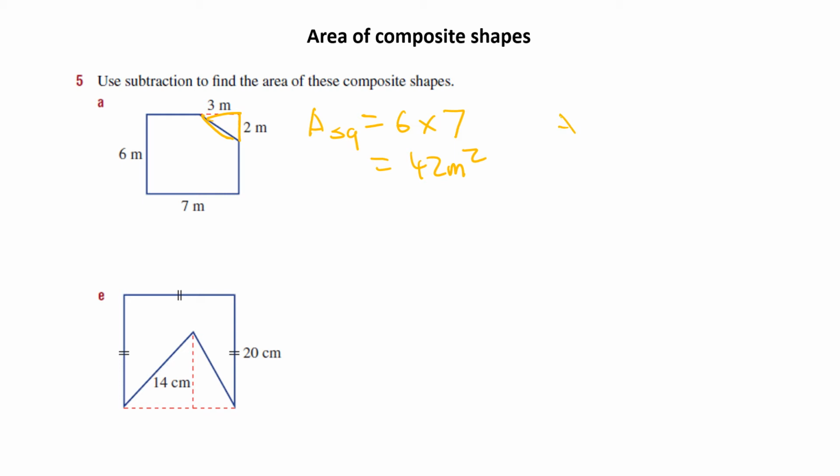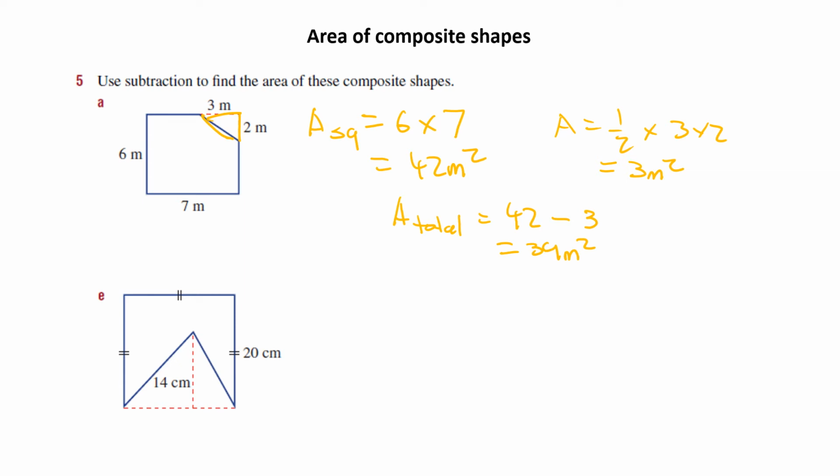Area equals half times 3 times 2, because remember it's half times base times height. Half times 6 is going to be 3 meters squared. So in this case, the area total is going to be 42, because that's the main area, minus 3. So the answer would be 39 meters squared.